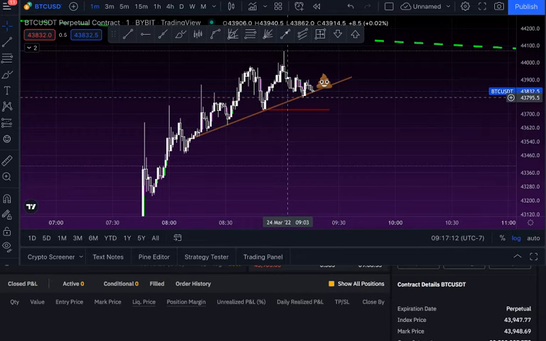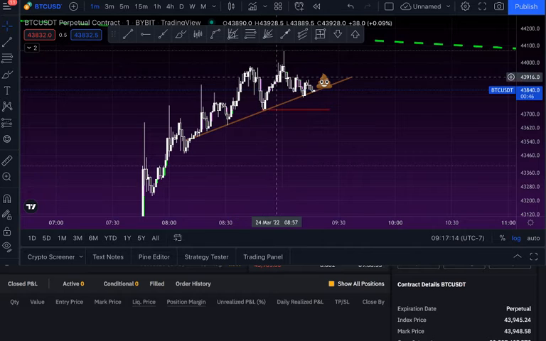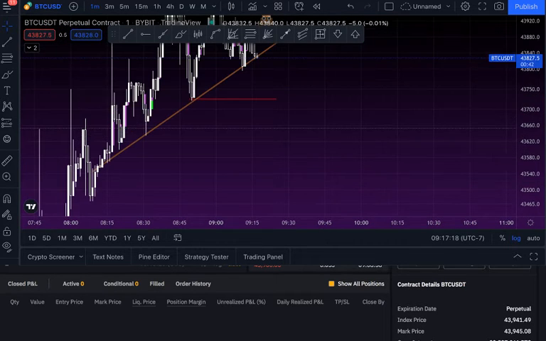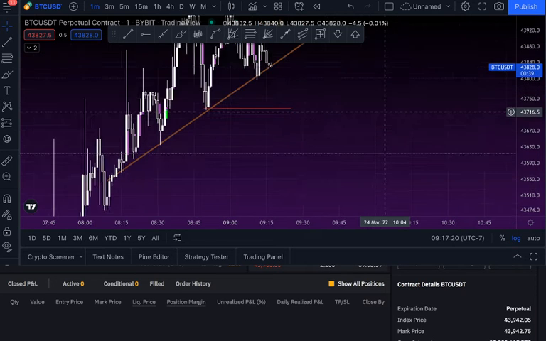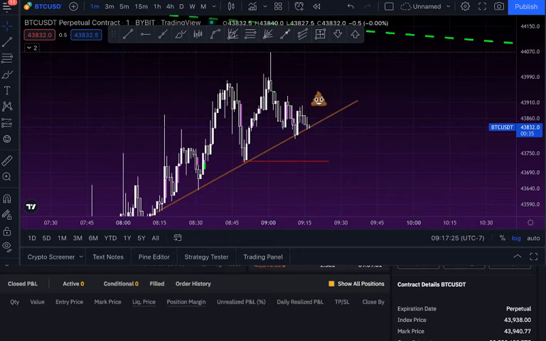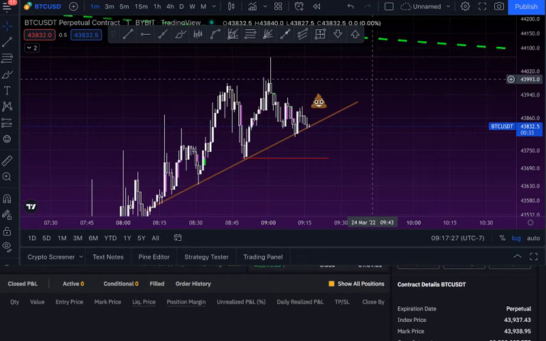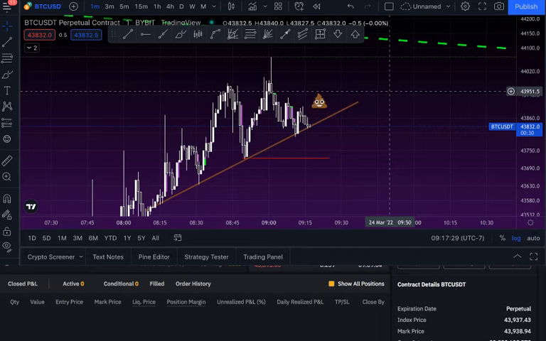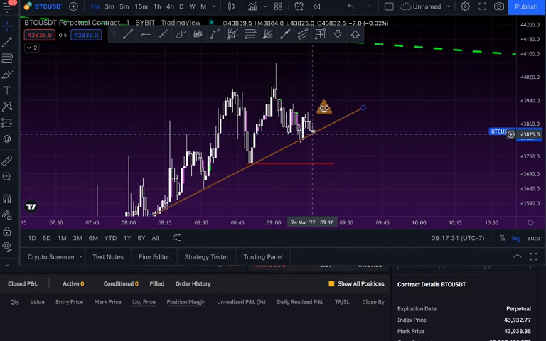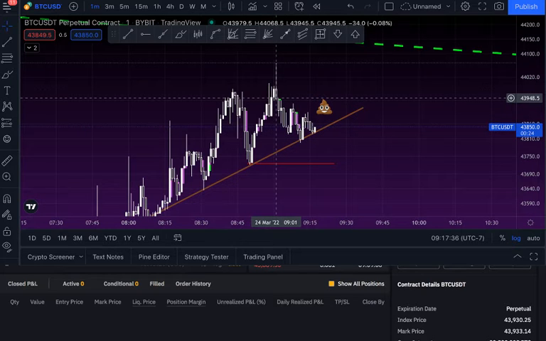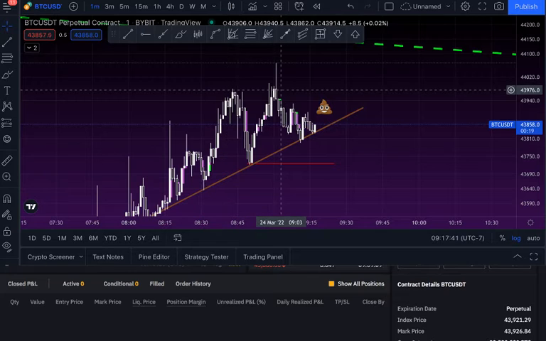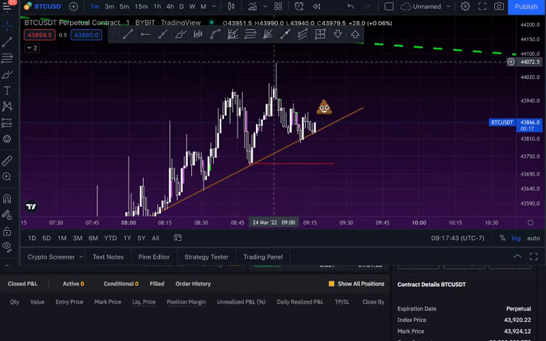One thing I'll say is, zooming into the candles here, let's take a closer look. Okay, so we broke this recent high and we made a swing high here.